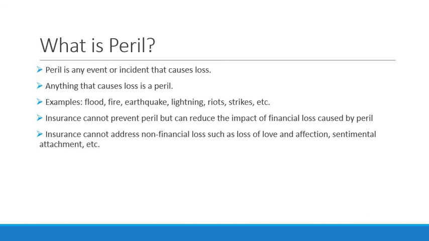If fire accidents occur causing losses, insurance can simply address such losses by putting the person in the same position that was before the peril of fire occurred. Similarly, insurance addresses only the financial or economic loss and cannot compensate non-economic losses such as loss of love and affection of the family, sentimental attachments, etc., because they are not quantifiable in terms of money.